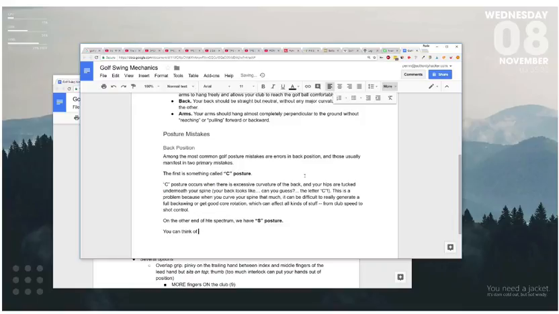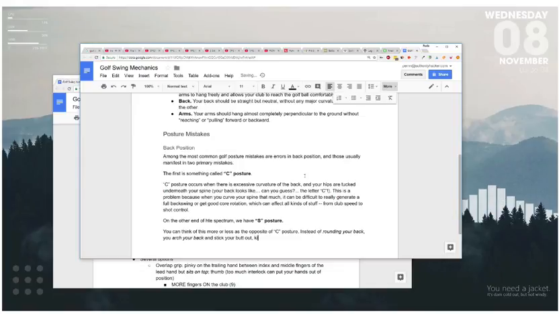You can think of this more or less as the opposite of C posture. Instead of rounding your back, italics for emphasis, you arch your back and stick your butt out.